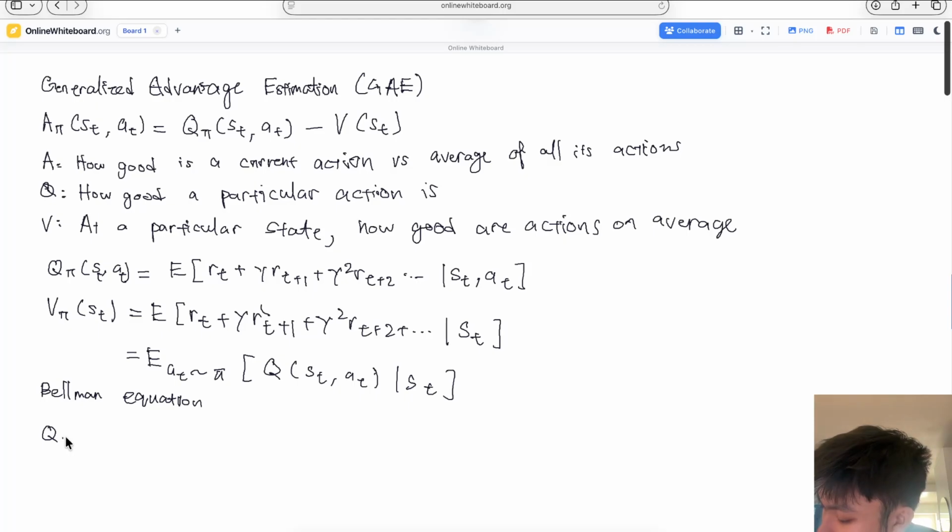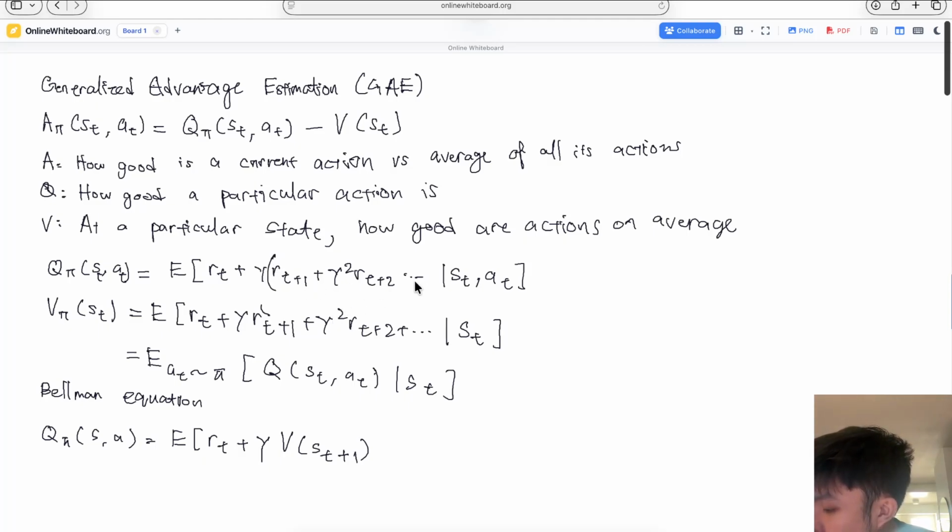Then Q would be the expectation of R_t plus V, which is effectively V at t plus 1, given some S_t. This is the Bellman equation.